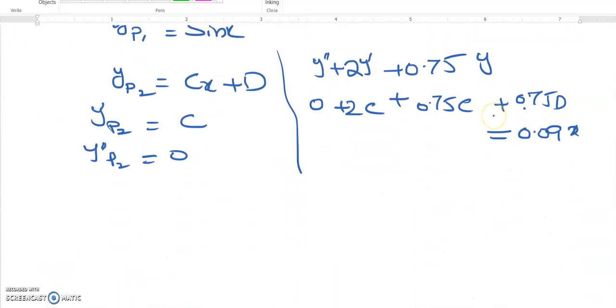So now from here we know that 0.75c, which is the coefficient of x, should be equal to the coefficient of x on the right hand side, 0.09. So from here we can find c is equal to 0.12.